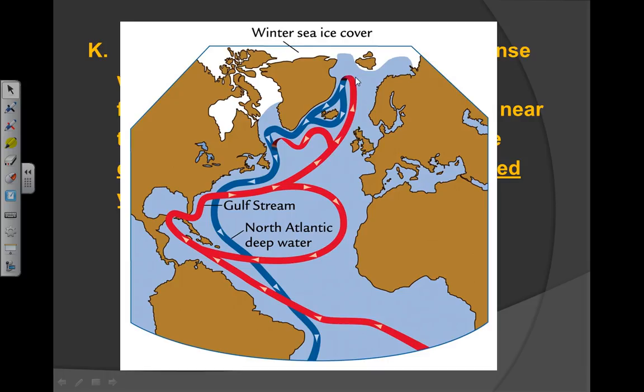As it moves up here, it cools off. It's in the polar regions. It cools off and sinks to the bottom. And then it slows down, and it may take a long time for it to travel further south, and then as it gets further south and down closer to the equator, it may begin to warm up again.